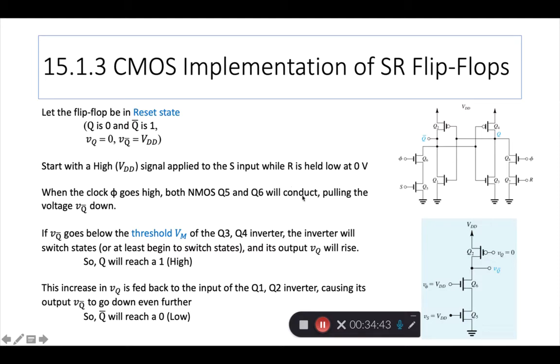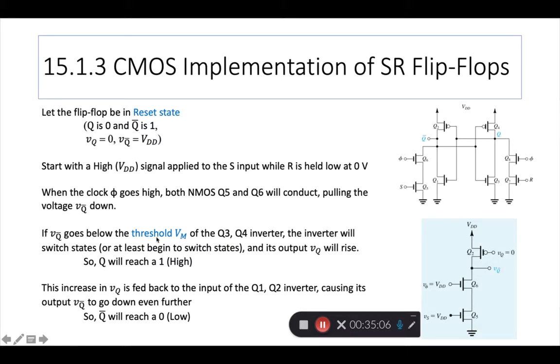That's the definition of a pull-down network. So what happens then is Q bar, this point, which is the output of this AND gate, goes to 0, right? So when the clock phi goes high, both NMOS Q5 and Q6 will conduct in an AND condition, pulling the voltage VQ bar down to ground.